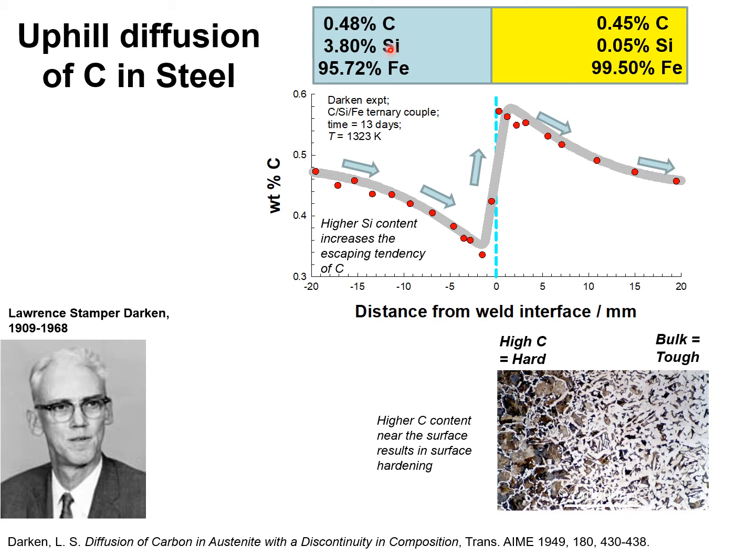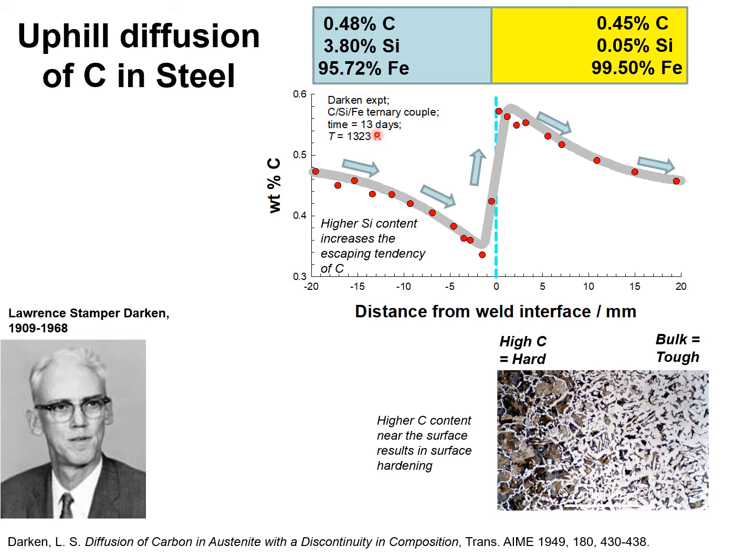However, the left bar contains a significantly higher percentage of silicon, the remainder being iron. These two bars of steel are placed in a furnace at a temperature of 1323 degrees Kelvin for 13 days.